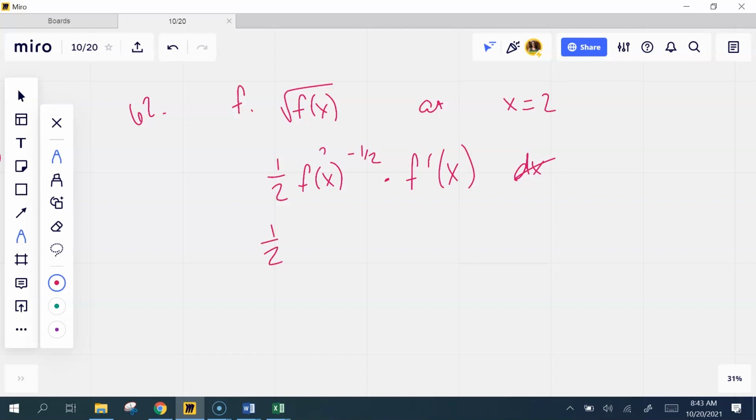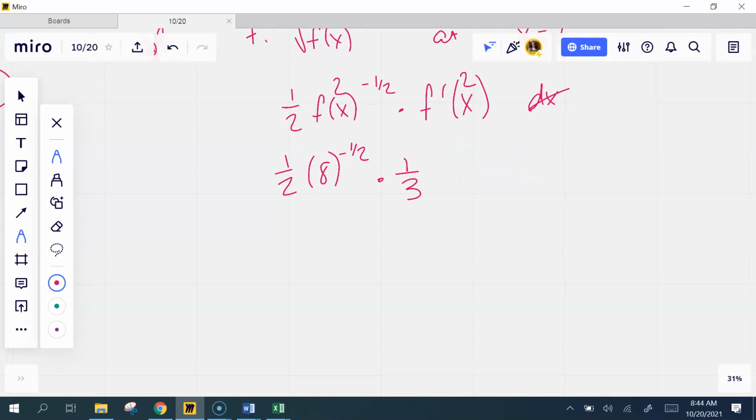This is evaluated at 2. So I look in the chart there in the table. F of 2 is 8. F prime of 2 is 1/3. So this would be 1 over 2 square root of 8 times 1/3.